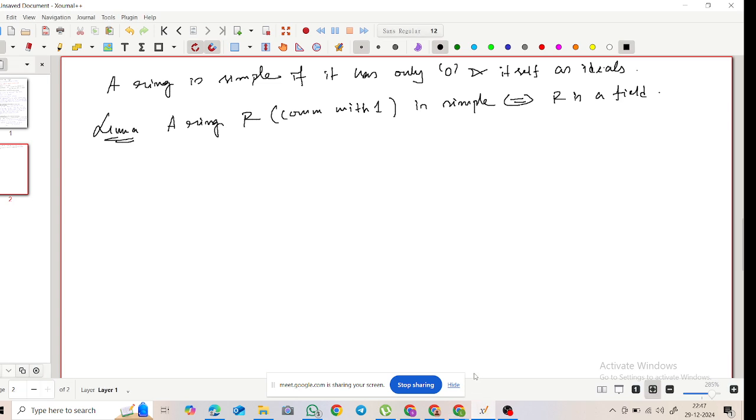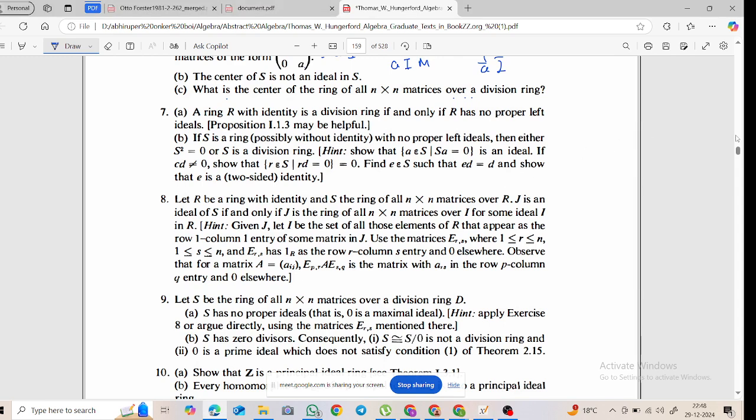If M is maximal, then R mod M is a field. Was integral domain defined here?